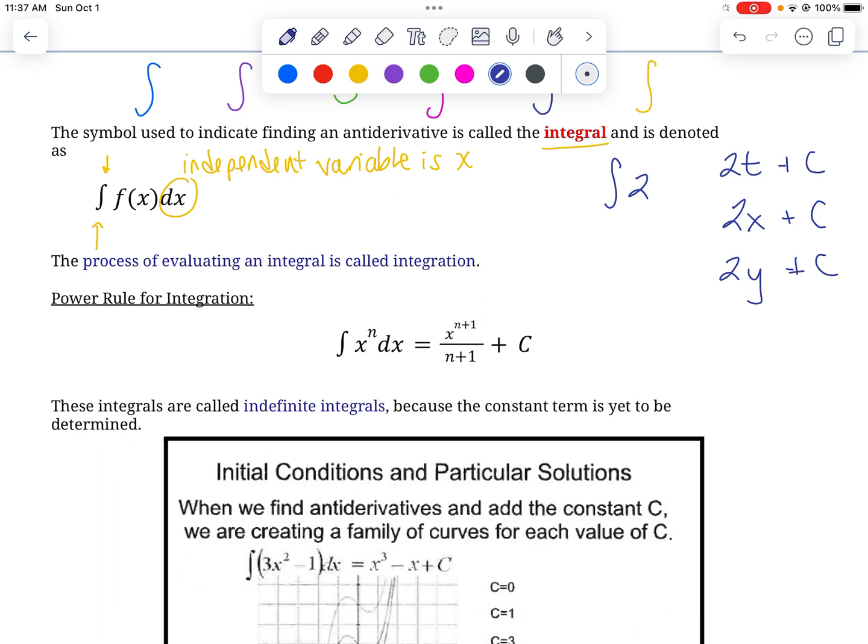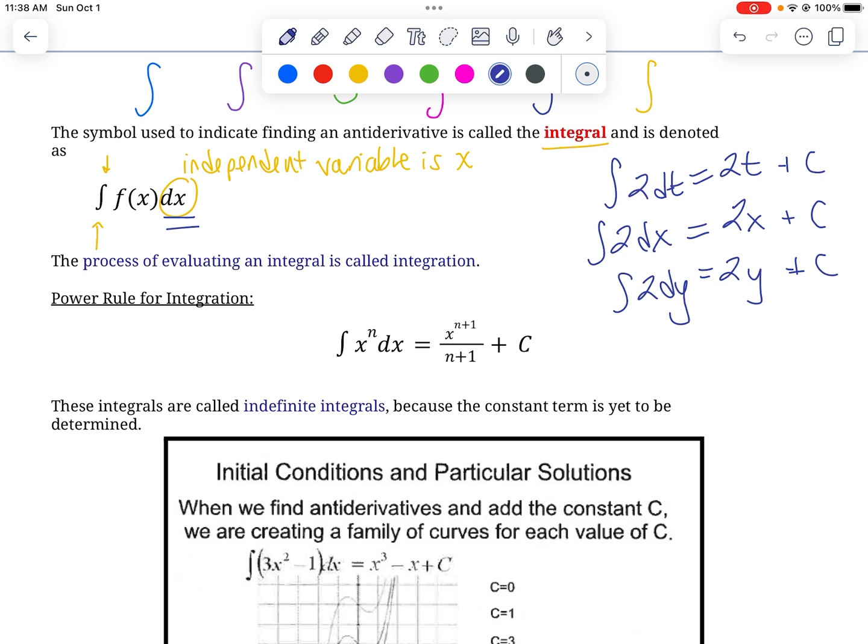All of those are possible antiderivatives depending on what my independent variable is, right? If it was this, that would be my answer. If it was this, 2 dx as the integrand, 2x plus c is my answer. And if this is my integrand, then that's my answer. So this part needs to be there to really tell us what variable we're even working with, okay?